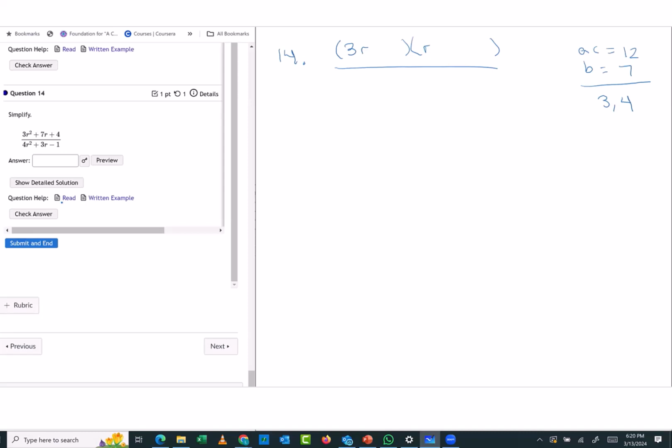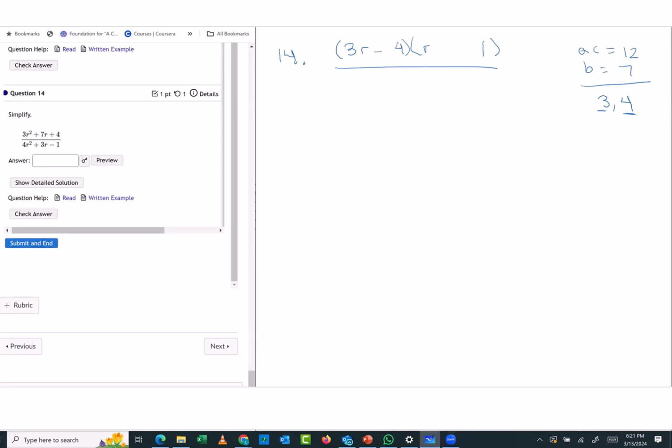I need to make the outer times the outer or the inner times the inner 3 and 4. Well, that means I have to multiply outer times 1 to make that a 3, and inner times would have to be a 4 to make that 4r.